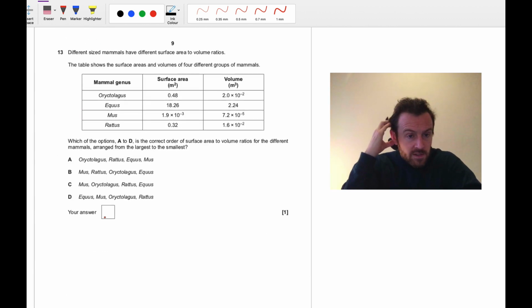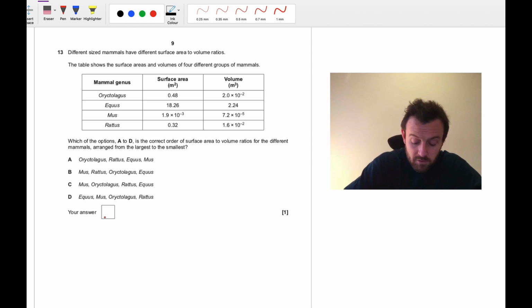13. Different sized mammals have different surface area to volume ratios. Which of the following options is the correct order of surface area to volume ratio for the different mammals, arranged from largest to smallest? Well, you just got to work out the surface area to volume ratios for each of these, don't you? So for example, you divide by the volume, so 0.48 divided by 2 times 10 to the minus 2, which is 0.02.